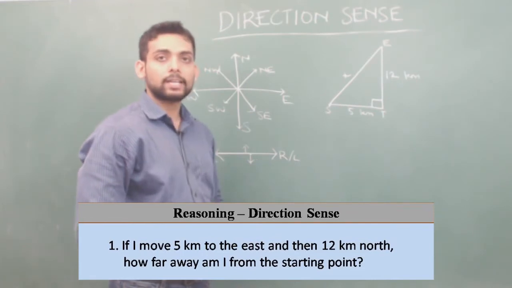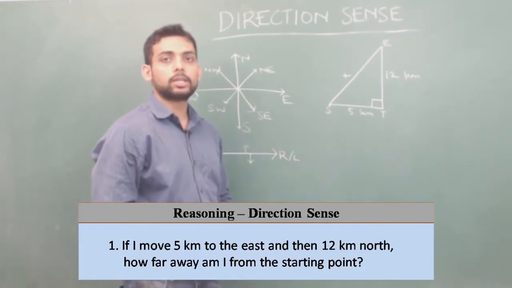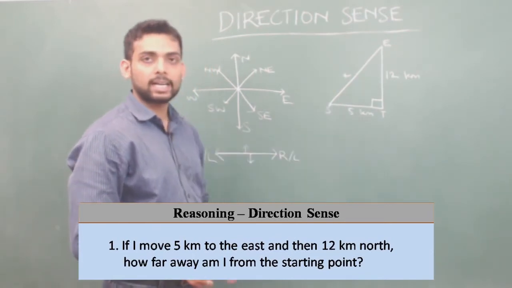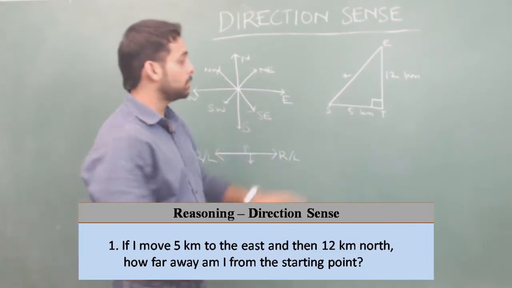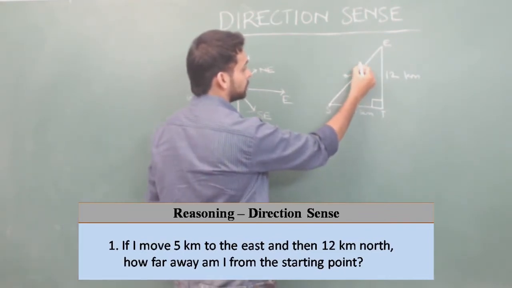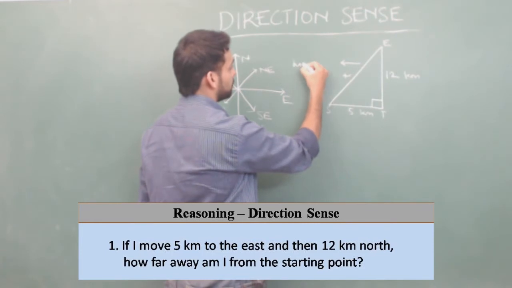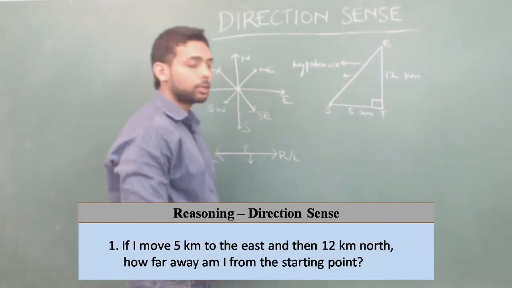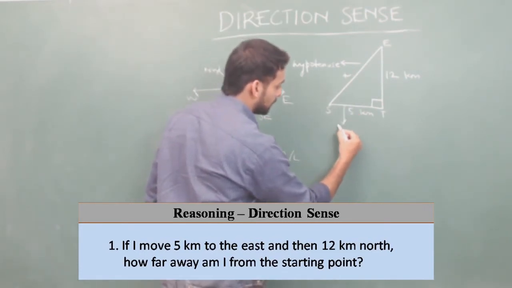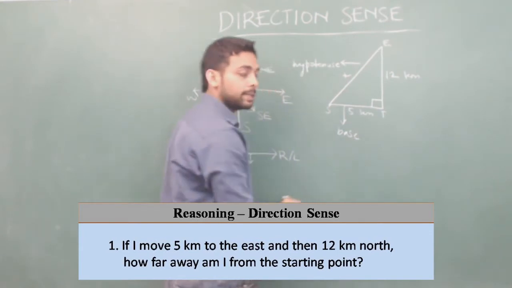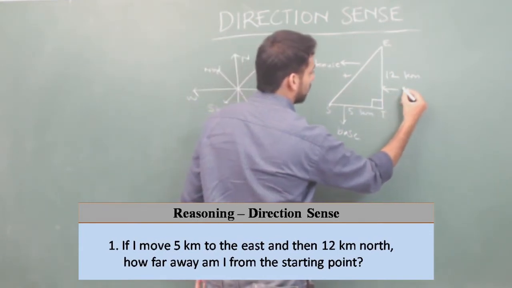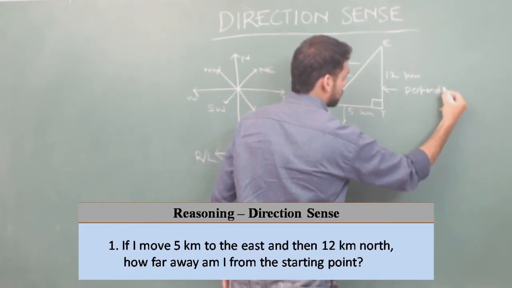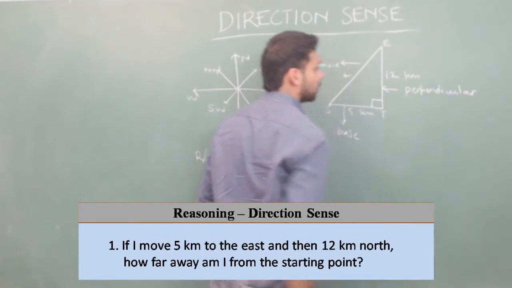Now if we refer to the Pythagoras theorem, it's a theorem which is used in geometry for finding out sides of a right angle triangle. It says that the hypotenuse square, this is called the hypotenuse of a triangle, this is called the hypotenuse, this is called the base, and this is called the perpendicular.